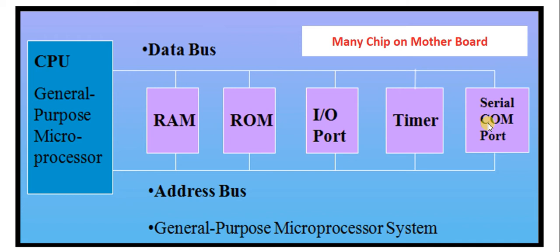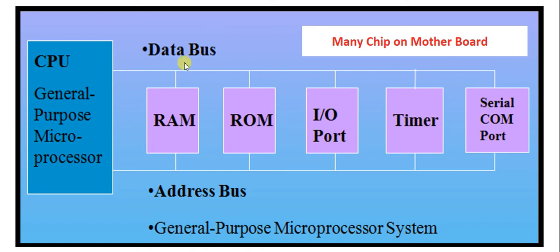When we see the motherboard of a computer, it contains separate chips for every device, so you can say there are many chips on the motherboard. The central processing unit or CPU is one chip, like the 8085 we have already studied. Then all other separate blocks require different chips.